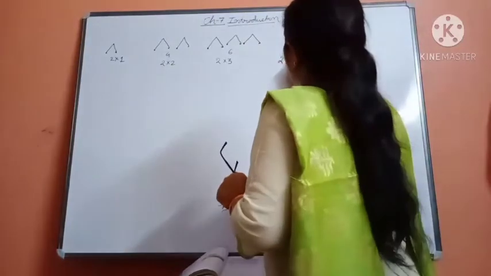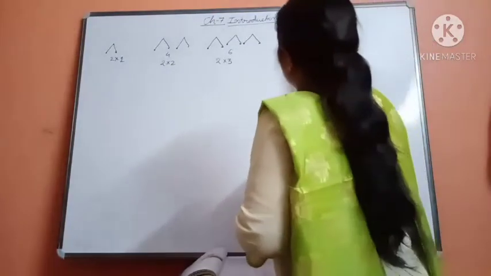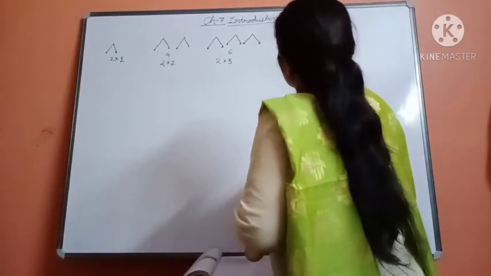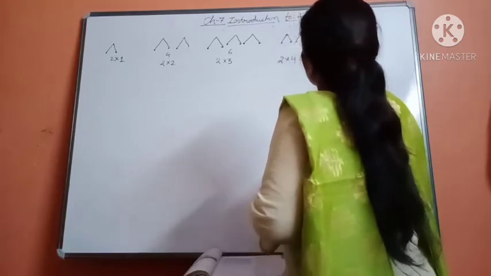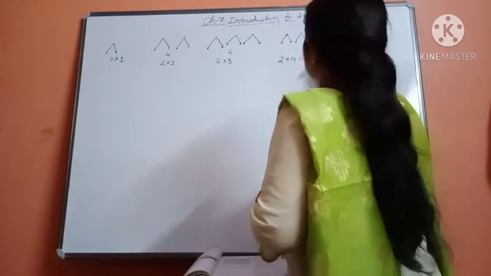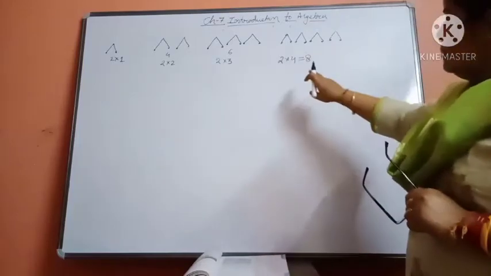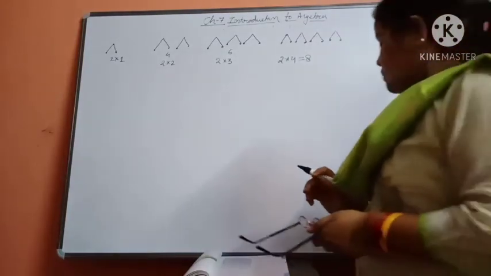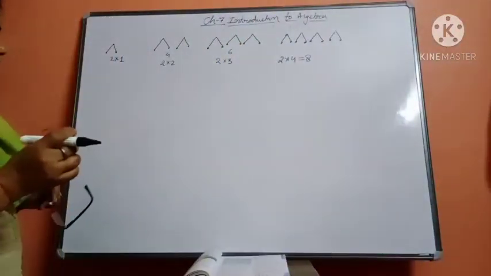If I would like to draw 4 pairs, I will draw 1, 2, 3 or 4. Then you can see this 4 is representing 1, 2, 3, 4. So how many matchsticks can we draw? 8. If I would like more, in which pattern can I move?